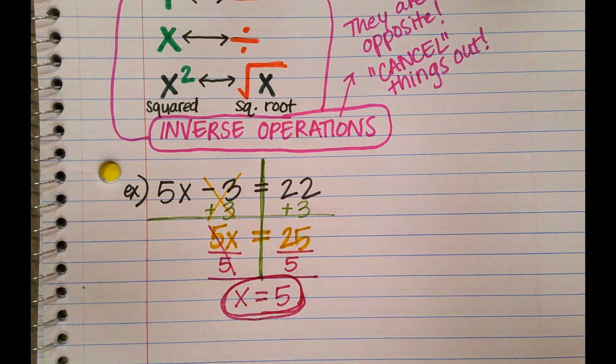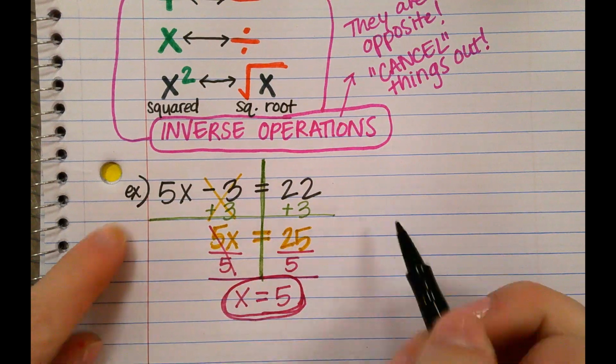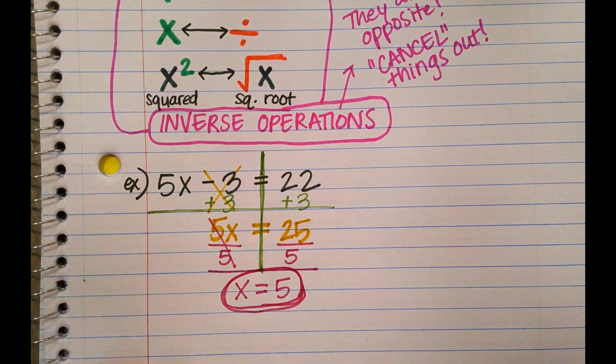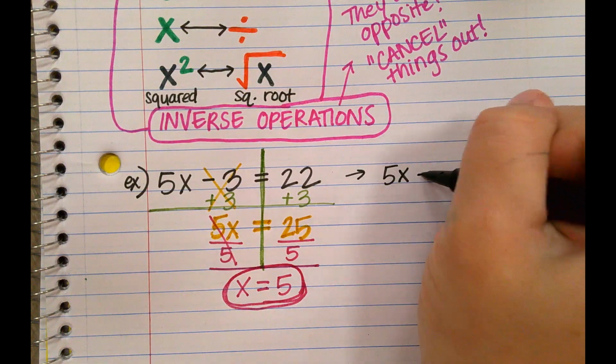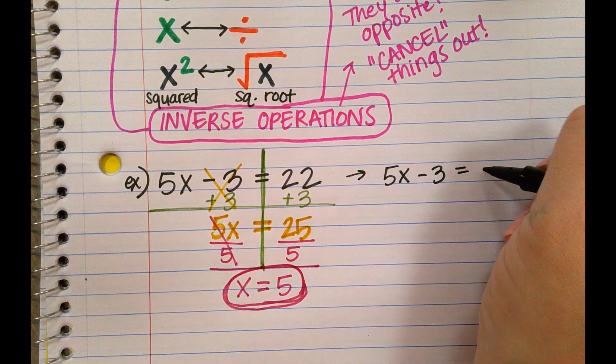So what we're going to do is exactly what Alexis said. We're going to plug in our answer. I'm going to show you what that means in case this is a new concept. Basically, we're taking the original equation, which is 5x minus 3 equals 22.